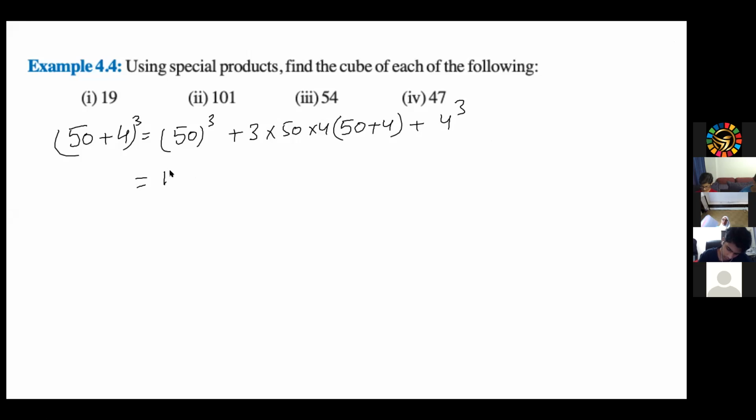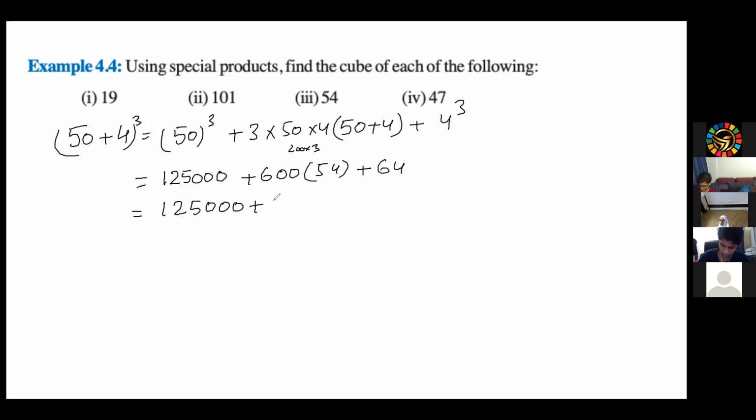Okay, what is 5 cube? 125, 0, 0, 0, 3 zeros. 5 fours are 20 and 20 into 3, which is 60, 200 into 3. So 3 twos are 600 into 54 plus 64. So 125000 plus 6 fours are 32 and 2 zeros, plus 64.